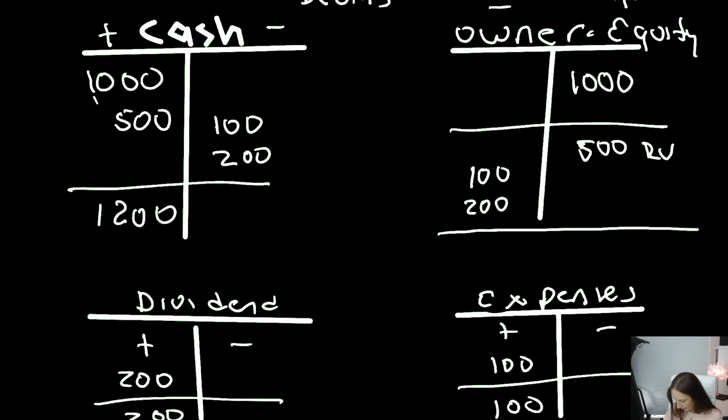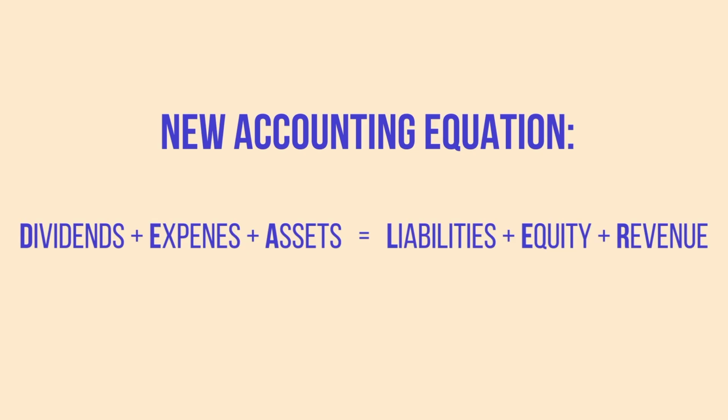So if we sum it all up, you have $300 on this side, and the net would be a $1,200 credit balance. So the easiest way to remember these rules is by the expanded accounting equation. You have dividends plus expenses plus assets equals liabilities plus equity plus revenue.